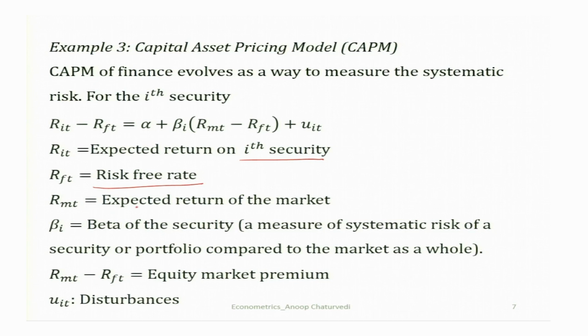Then R_mt is the expected return of the market, and R_mt minus R_ft is the equity market premium, meaning the expected return of the market over the risk free rate. Then beta is called the beta of that particular security i. So, this is a measure of the systematic risk of a security or portfolio compared to the market as a whole.